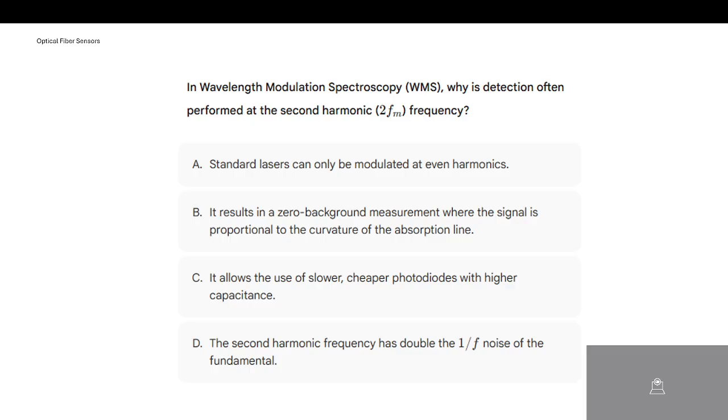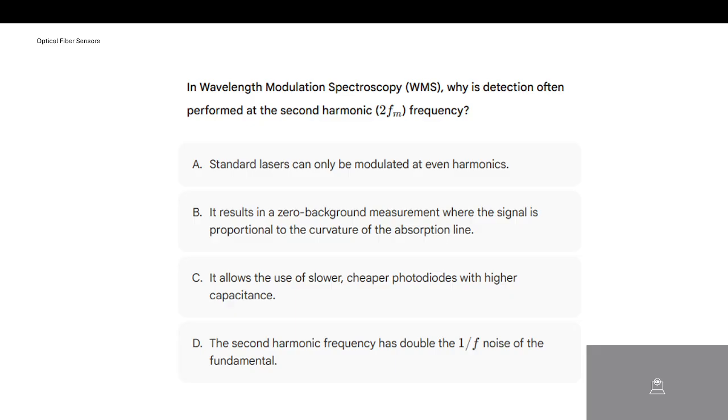Option B, it results in a zero background measurement where the signal is proportional to the curvature of the absorption line. Option C says it allows the use of slower, cheaper photodiode with higher capacitance. And the last option is the second harmonic frequency has double the 1 by f noise of the fundamental.